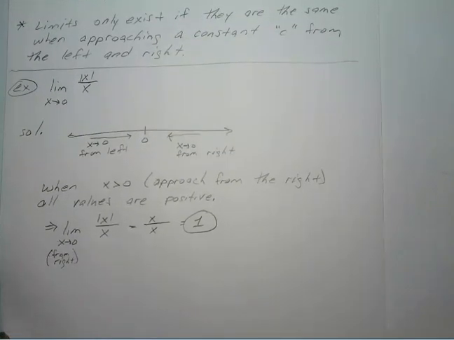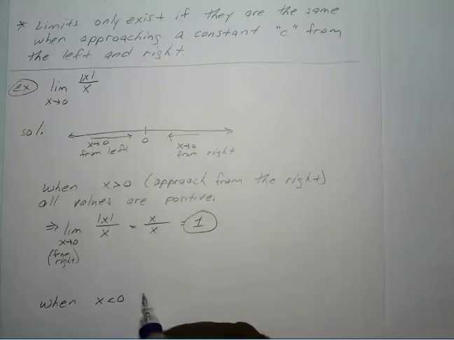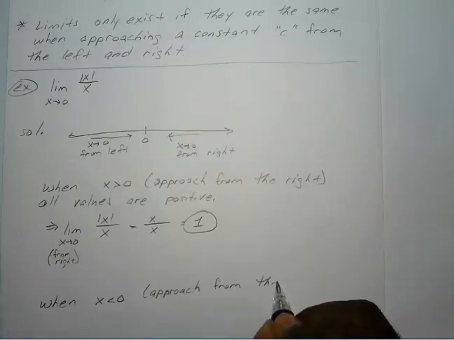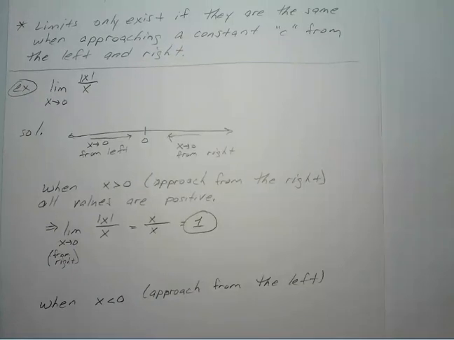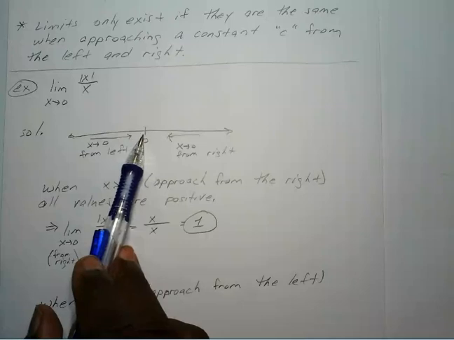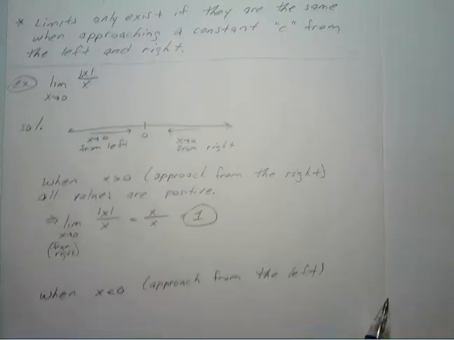Alright, so let's move up a little bit and now look at approaching from the left. When x is less than 0, of course you're going to approach 0 from the left. Everything to the left of 0 is going to be negative: -1, -2, and so on all the way down.